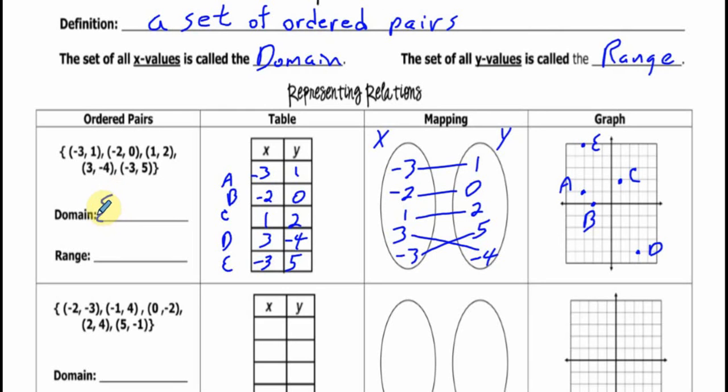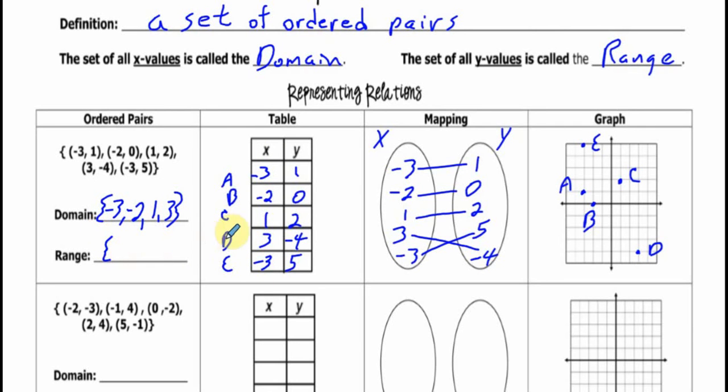You usually put the domain and range in increasing order. So my first x is -3, then -2, 1, 3. And again, notice I don't write -3 a second time. I've already said that -3 is in the domain.